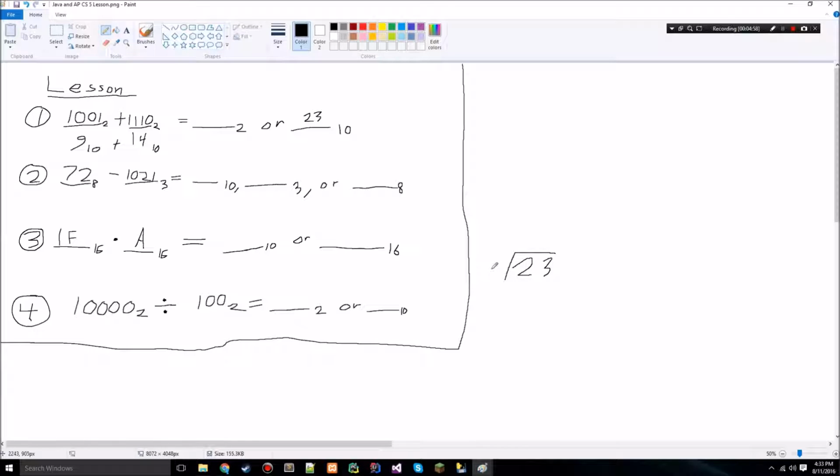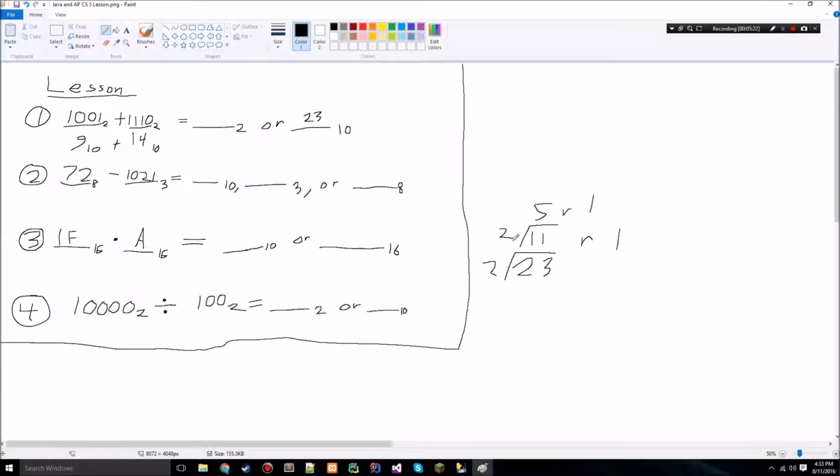So mountain division, let's do 2. Put a 2 down here. 2 goes into 23 11 times with a remainder of 1. We can check that: 22 plus 1, 23. Continue. 2 goes into 11 5 times with a remainder of 1.